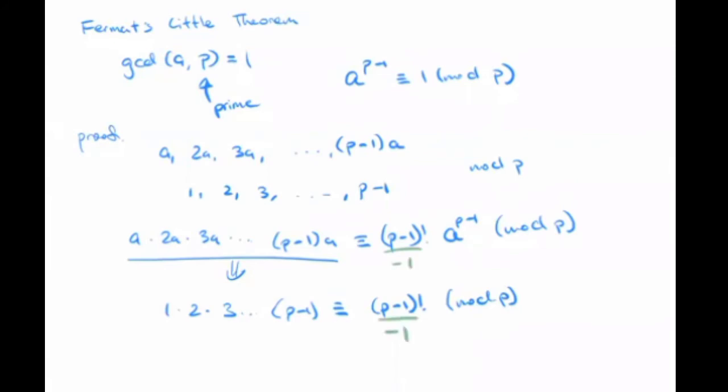This is also just -1. Then, since these two expressions are congruent, A to the P minus 1 has to be congruent to 1 mod P.